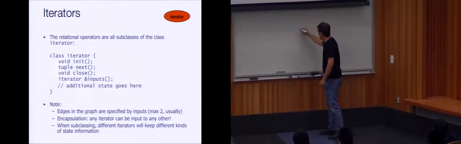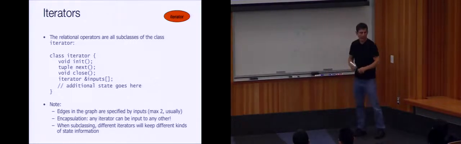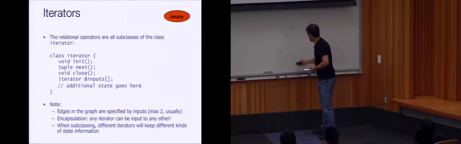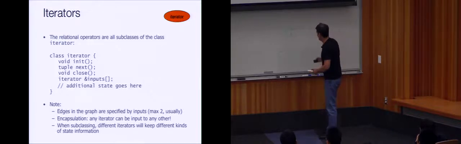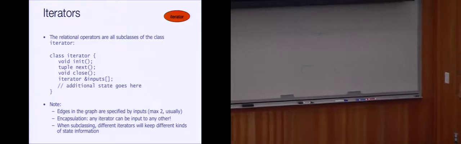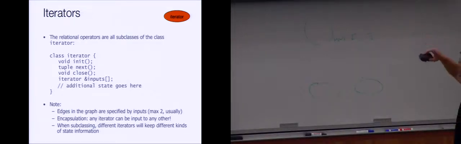But data is going to flow this way. Okay, so parents know about their children, if you like. Well, depends how you look at it. I guess children know about their parents. Children know about their parents, but the tree's upside down. How about that? Okay. Everybody good, or did I succeed in confusing you? Iterators know about their inputs is the point, and those represent the data flow edges.